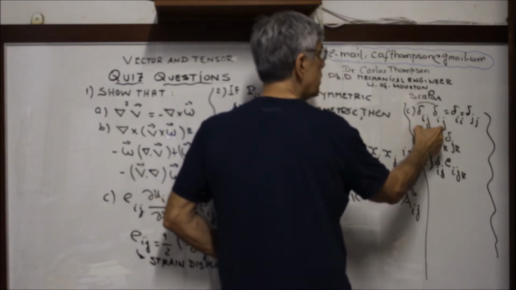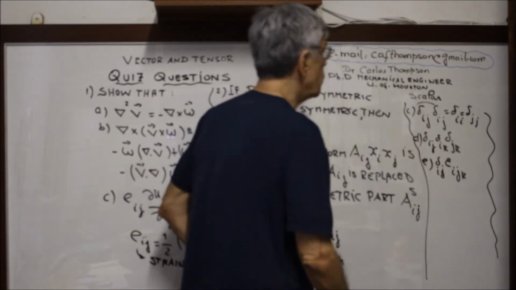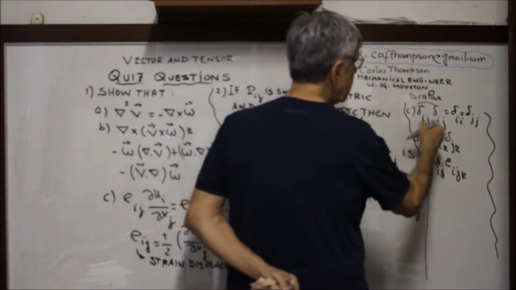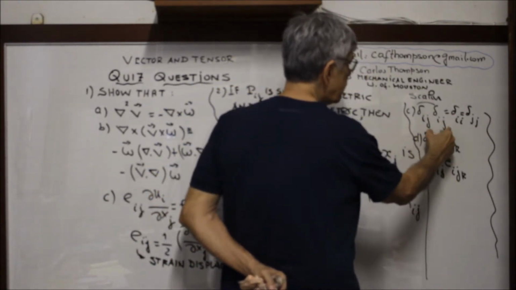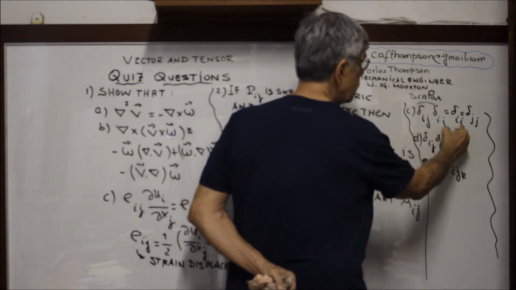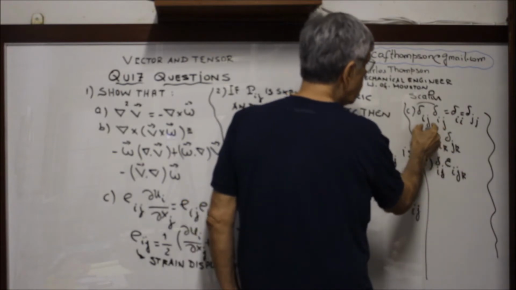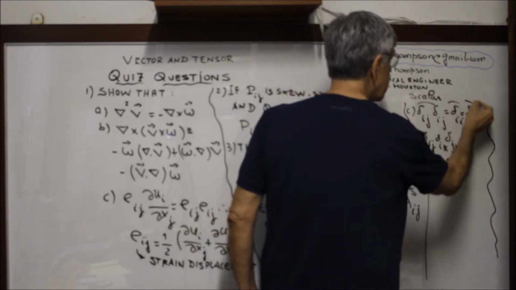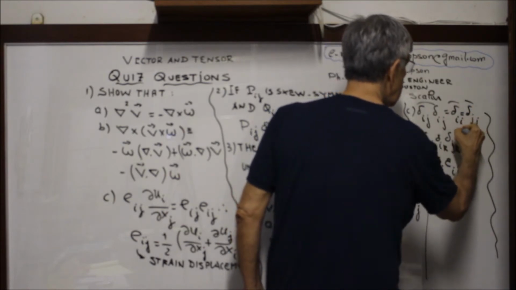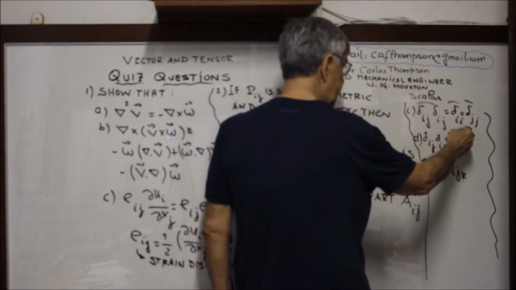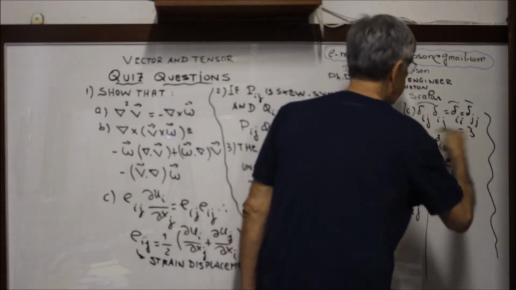Because i and j are dummy indices. Now this j over here: remove j and put i, or in delta ij, remove i and put j. So this is a sum. This will be equal to 3, because it's delta 1,1 plus delta 2,2 plus delta 3,3.